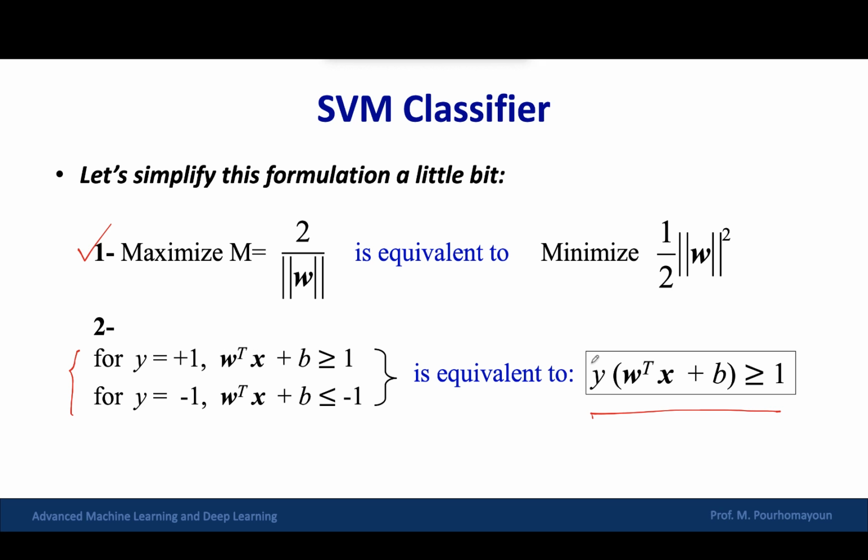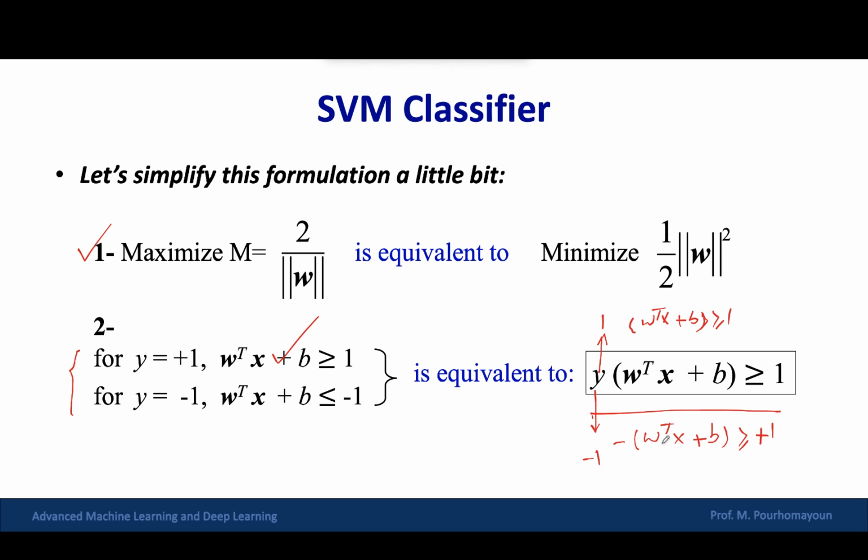Because if this label is 1, then this equation will be w^T x plus b greater than or equal to 1, which is this one. When the label is -1, we will have negative (w^T x plus b) greater than or equal to 1.